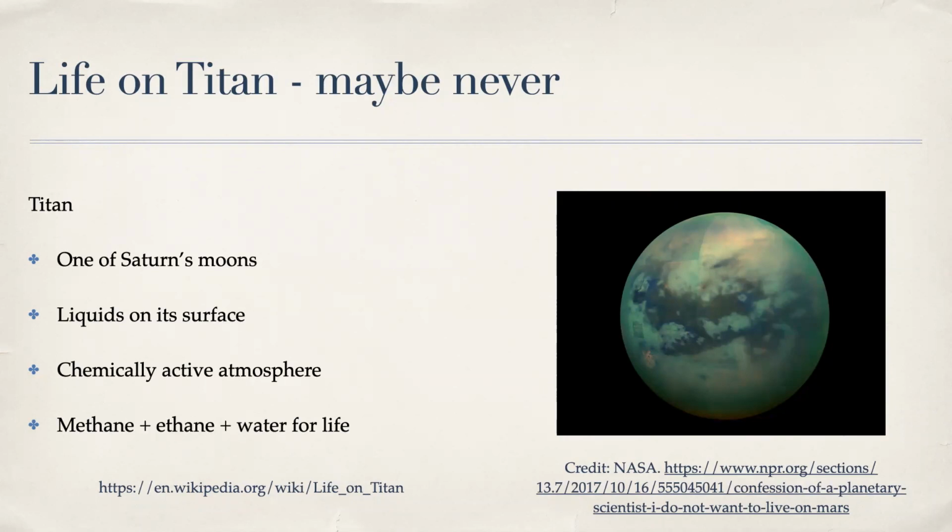So there are hypotheses about the fact that there might be water underneath. But the interesting idea is that there might be some kind of life form that is methane and ethane based, also perhaps using water, but the main substrates would actually be methane and ethane.